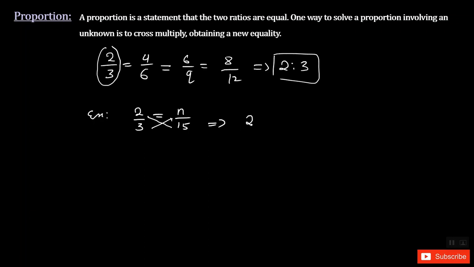This can be written as 2 times 15 equals 3n. I am looking for the value of n, so divide by 3 on both sides. 3 times 1, 3 times 5, so 5 times 2 is 10. So 10 is equal to n. The value of n here is 10. This is the simplest concept we need to know. Generally, equating two ratios is called a proportion.